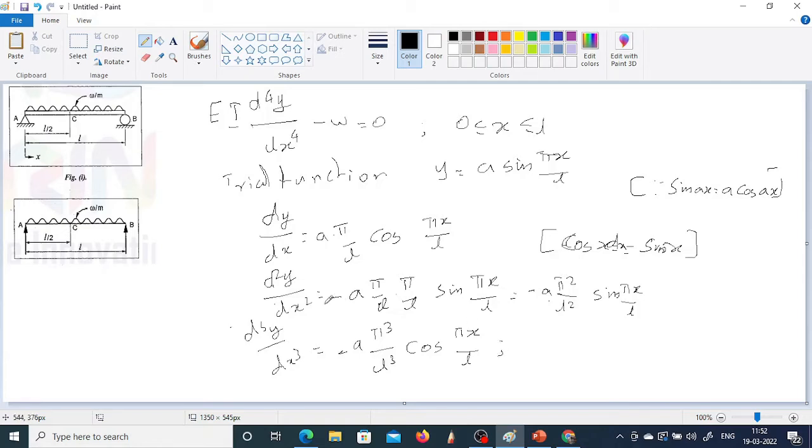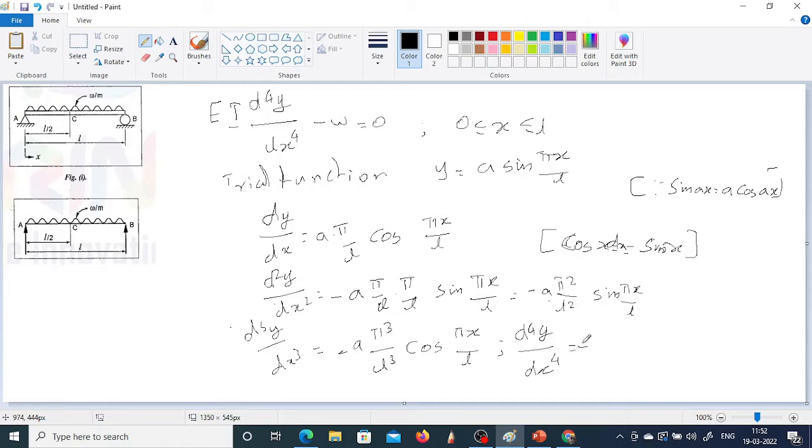It is also not enough because our problem is of fourth order, so I differentiate the same trial function again with respect to x, which is d⁴y/dx⁴. Differentiating cos x gives minus sin x, so if I multiply that minus with this minus, it becomes plus.